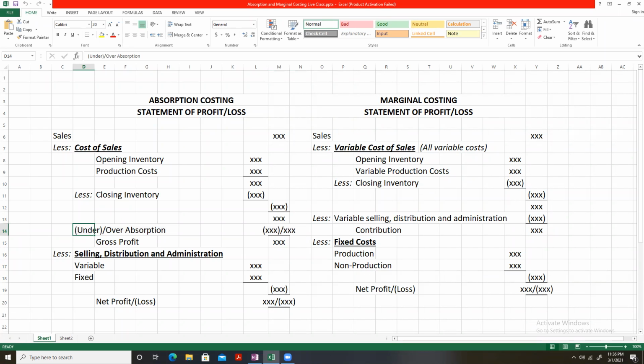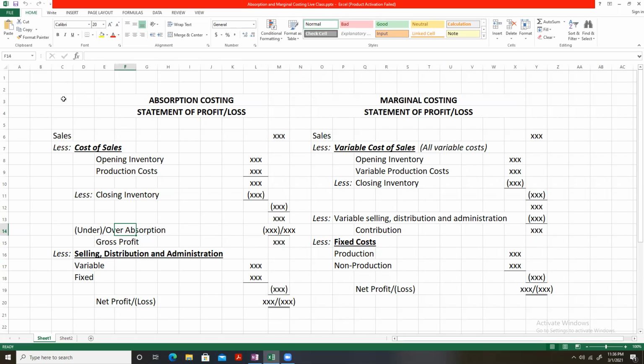Under absorption means that the estimated expense was less than the actual expense, so we reduce our profits, and an over absorption means that we need to increase our actual profit.